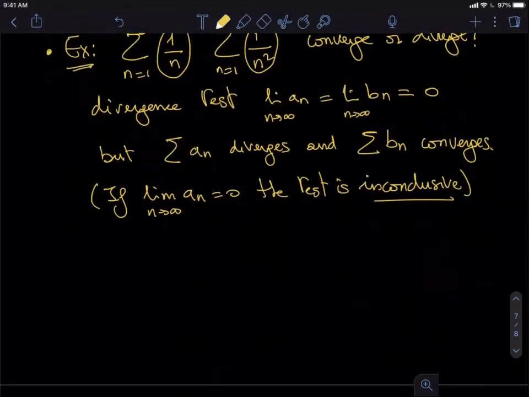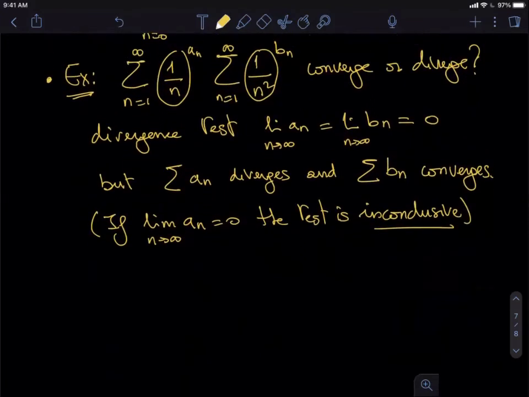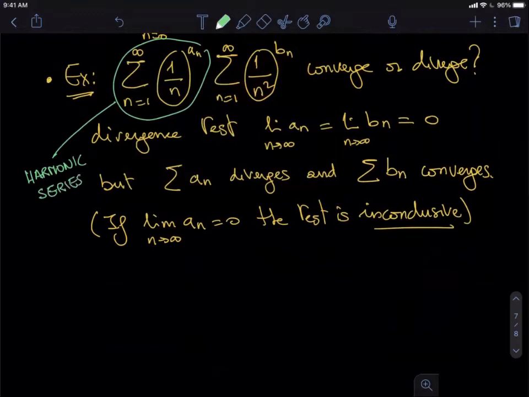By the way, I wanted to mention that this series with the 1 over n is called the harmonic series. Whenever I talk about the harmonic series, I mean the sum of 1 over n.